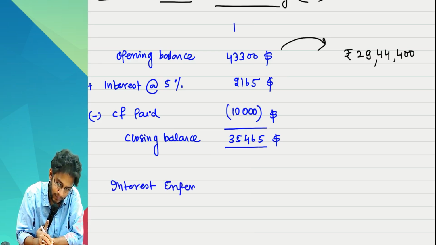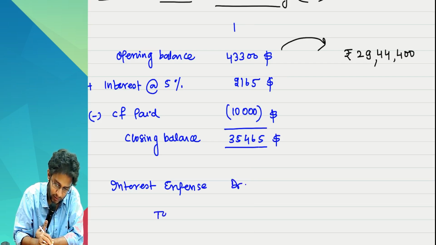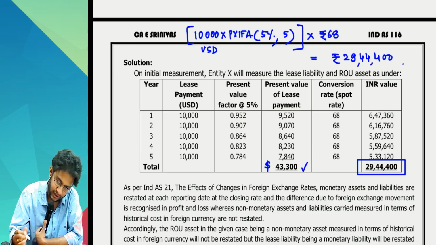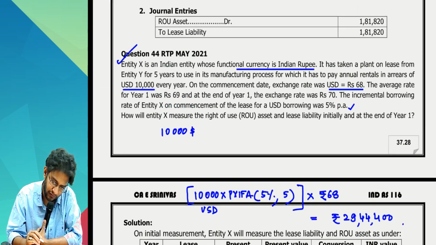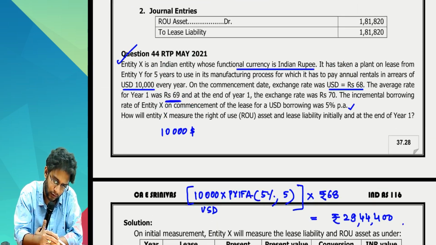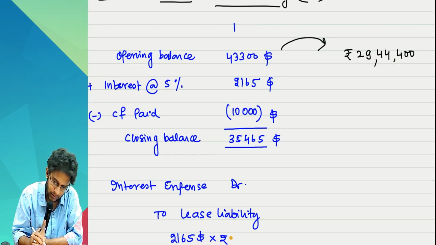Interest expense account debit to lease liability. That's $2165 into, I think the question has given you an average rate for the year, which is 69 rupees. 69 is an average rate, so multiply with rupees 69.